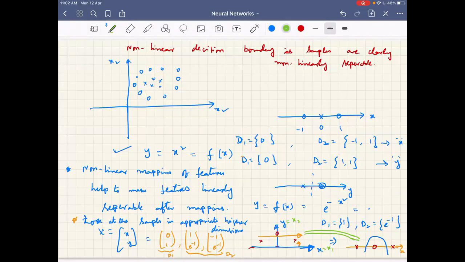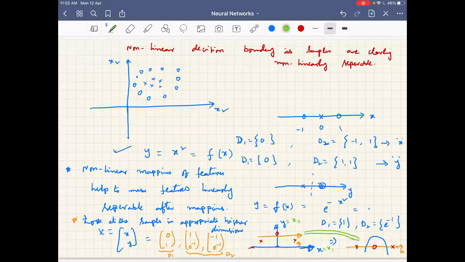In that space the samples may be linearly separable. That's one way of separating nonlinearly separable samples, through nonlinear mapping. So you can separate them.